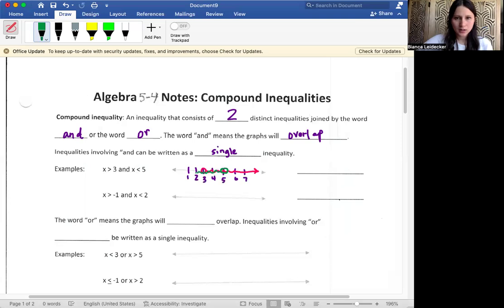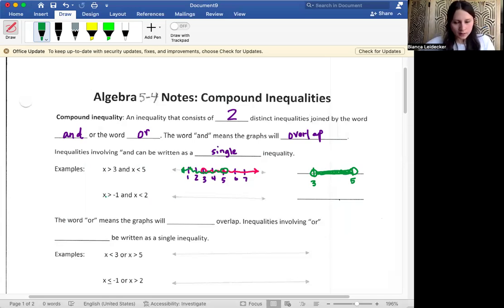It would be going the opposite direction. So in that case, where they overlap is between 3 and 5. So we would shade this in. What they have in common is that x could be between 3 and 5. Those are the possibilities for the value of x.